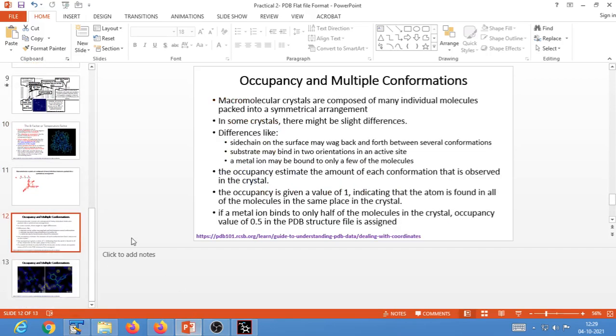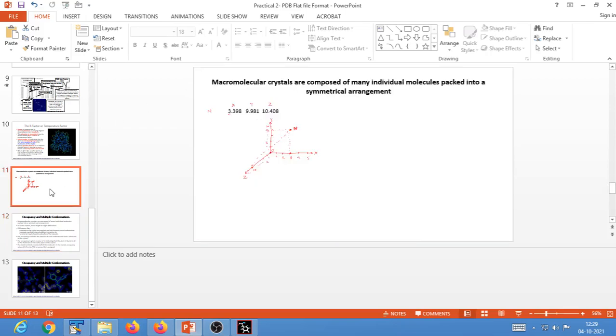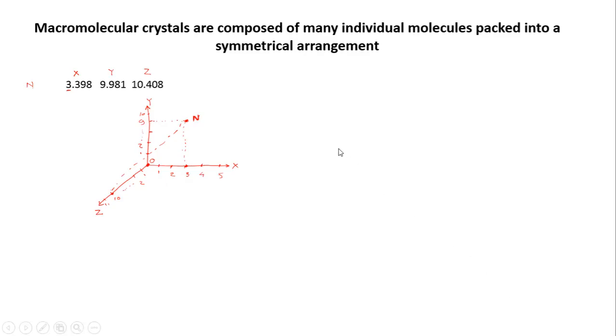Okay, let us now talk about occupancy, or you can say multiple conformations. In order to understand what occupancy is, let us revise what we discussed in our last lecture. I said that macromolecules like proteins, when they are crystallized, the individual molecules get packed into a symmetrical arrangement.